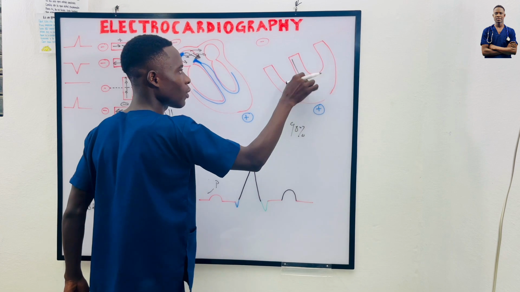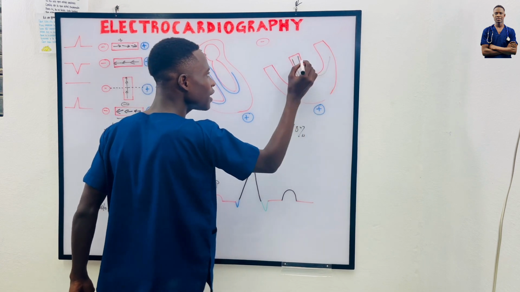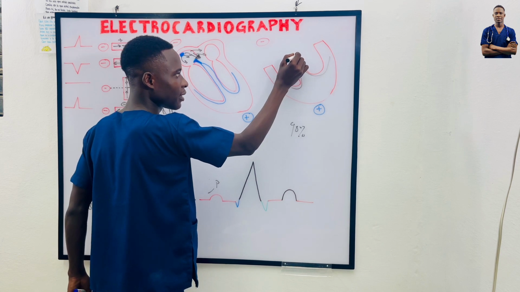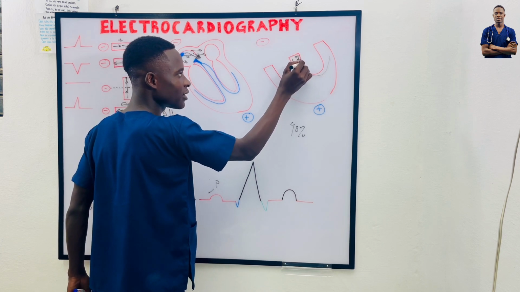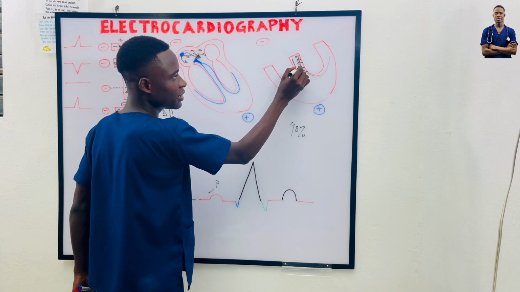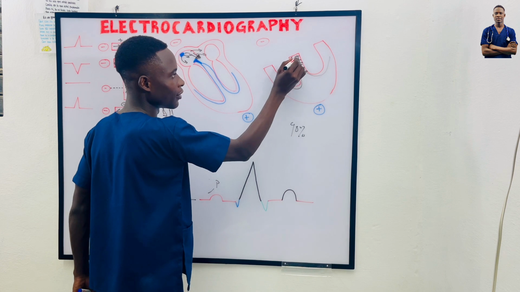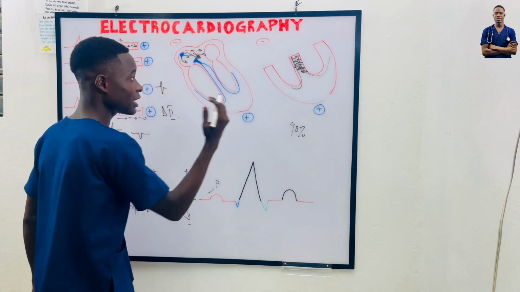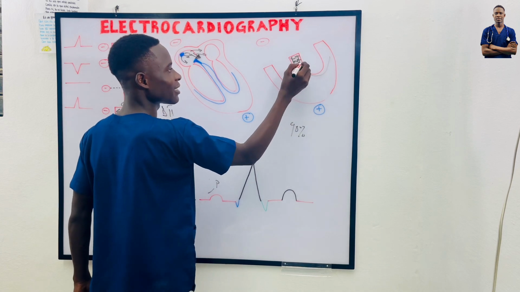So what will happen is, if the left is performing 90% of this work, there will be movement of positive ions into the cells in this way, to get them depolarized. As we are moving this way, we get the vector.